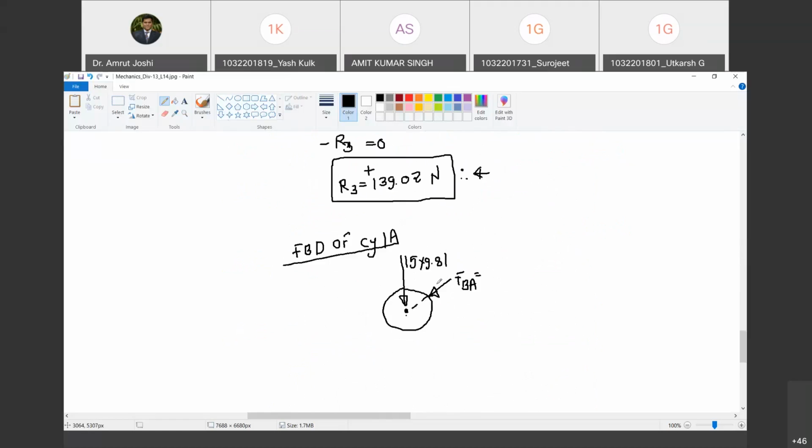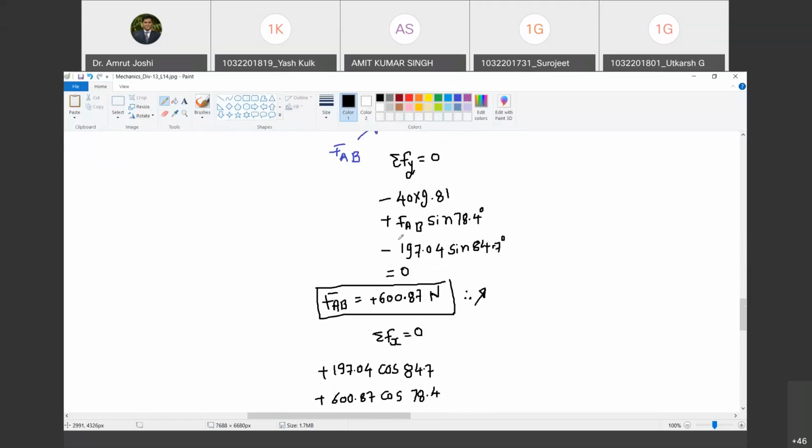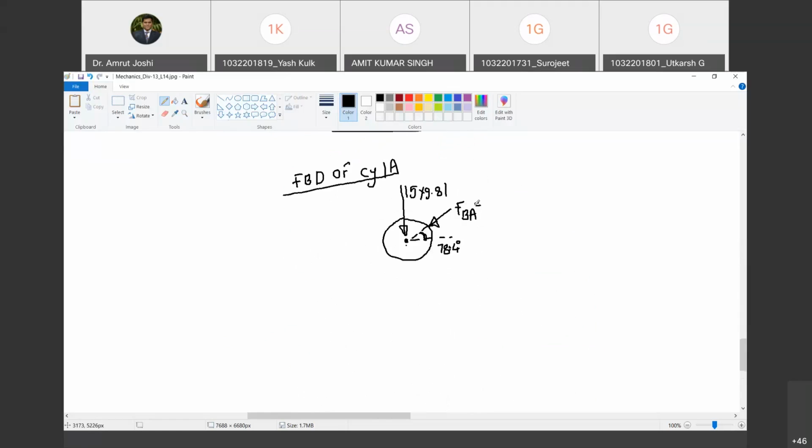Very good. So therefore this angle, this one, is 78.4. Happy? Yes. This angle. And what is the value of FAB? It is same as FBA, that is 600.87 by Newton's third law. Yes. Happy? 600.87. Chalo.